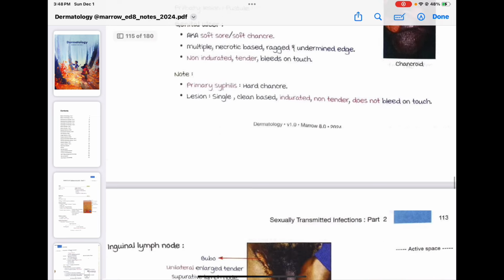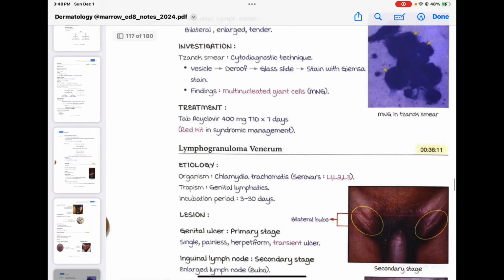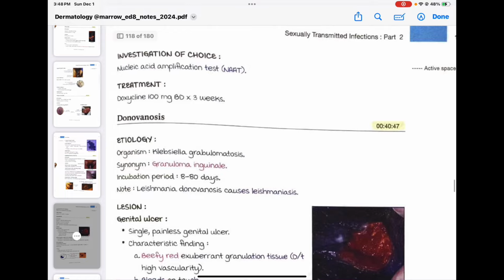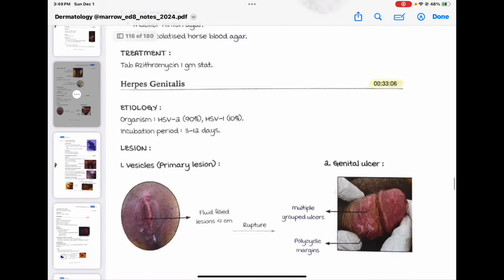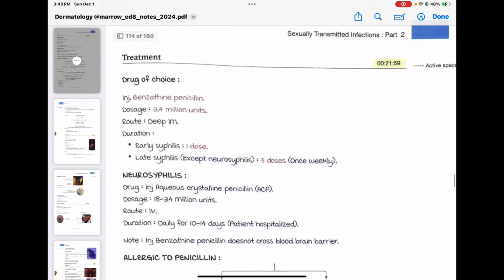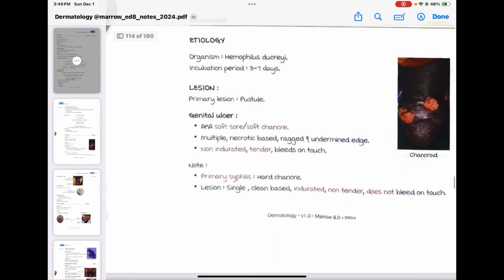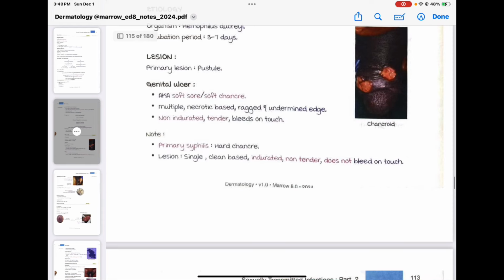In leishmaniasis you saw LD bodies. Treatment: tablet azithromycin 500 mg daily or 1 gram per week, for 3 weeks or until the ulcer heals.